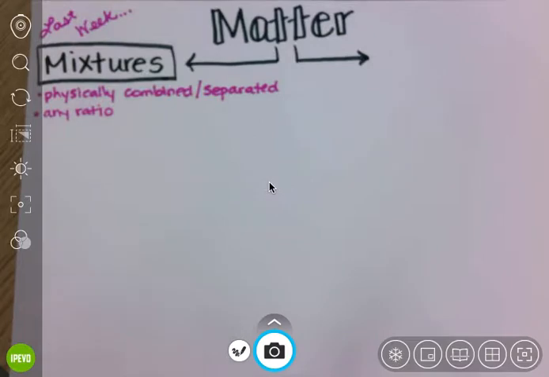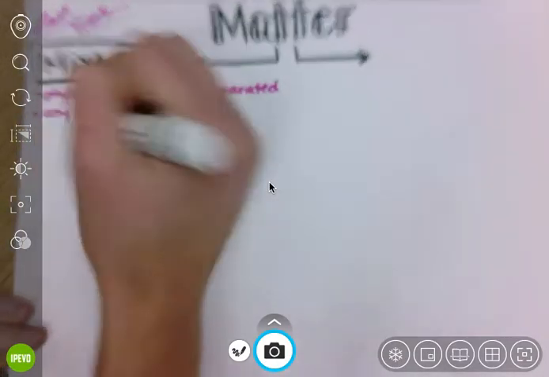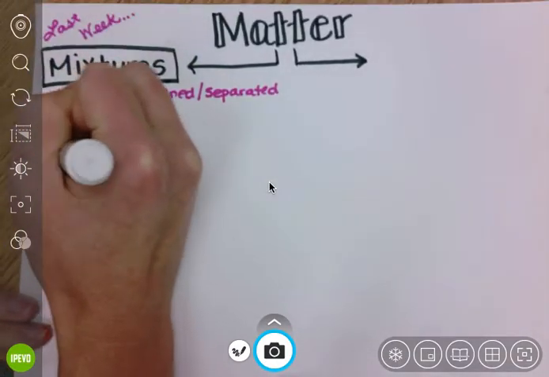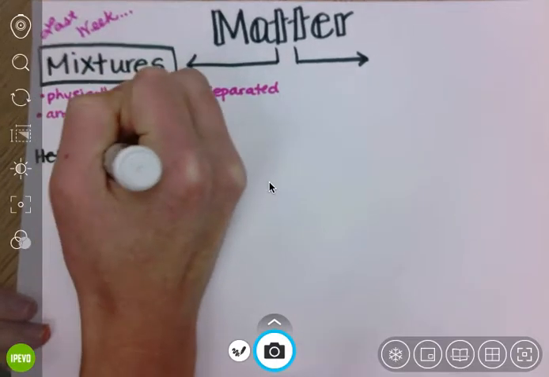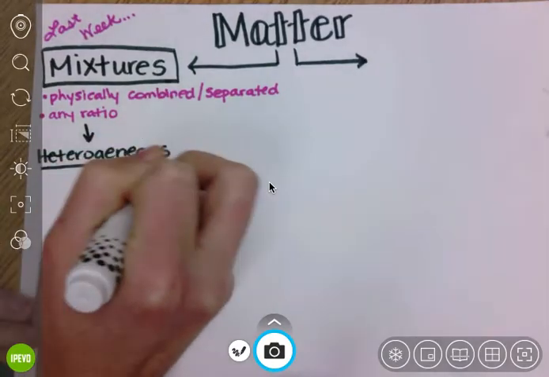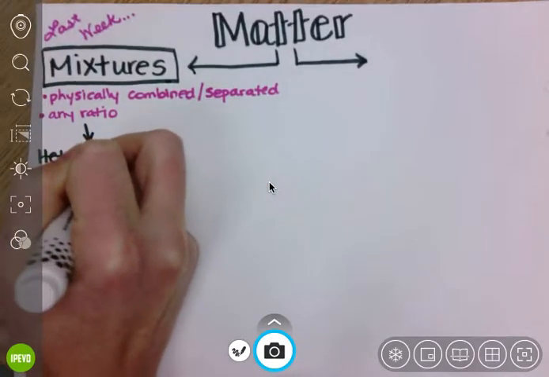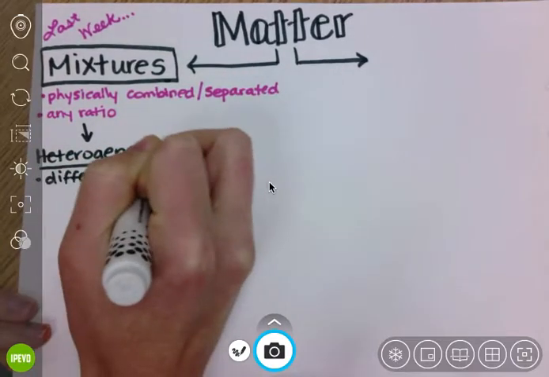Okay. So when we talked about mixtures, we talked about two types of mixtures, right? We talked about how there were heterogeneous mixtures. Those were the kind of mixtures that looked different throughout.